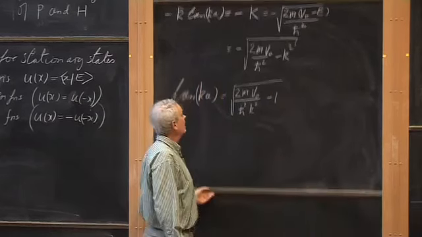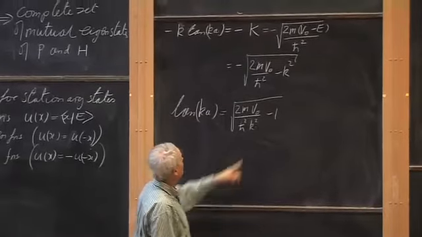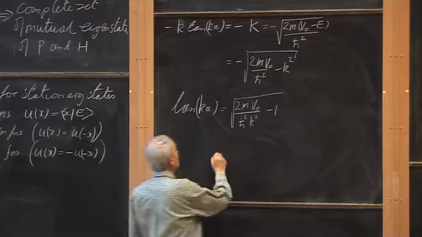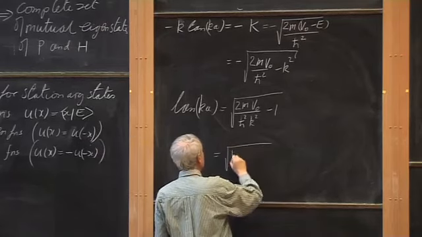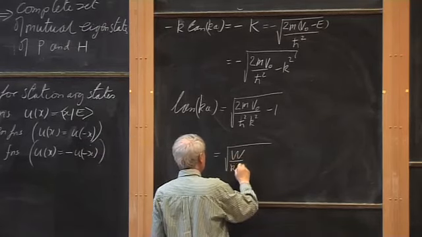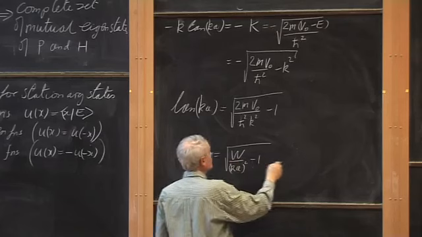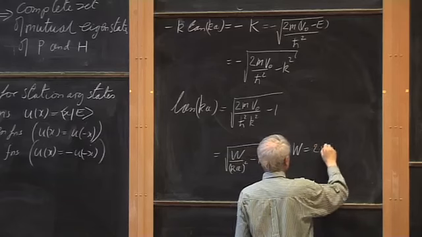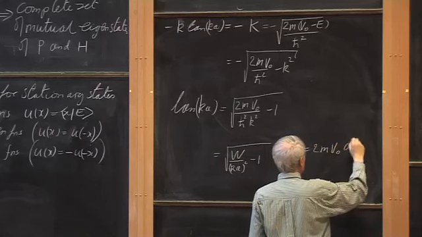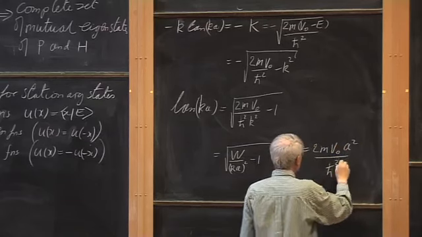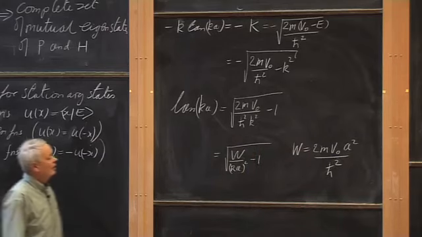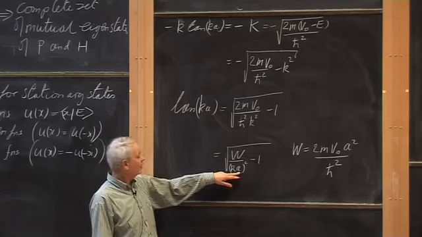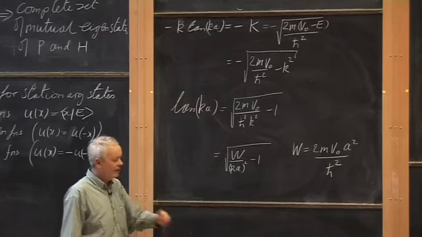And it's good now to multiply the top and the bottom of this by a squared and write this as the square root of w over (Ka) squared minus 1, where w is 2mV0 a squared over h bar squared. Why do I want to do that? Ka is obviously dimensionless because k is a wave number.